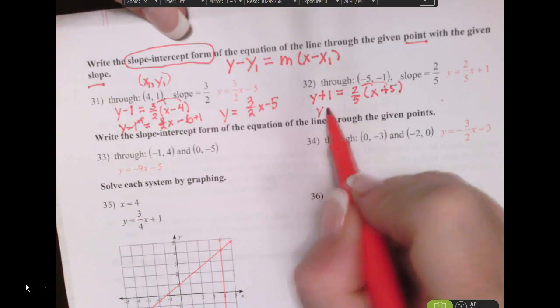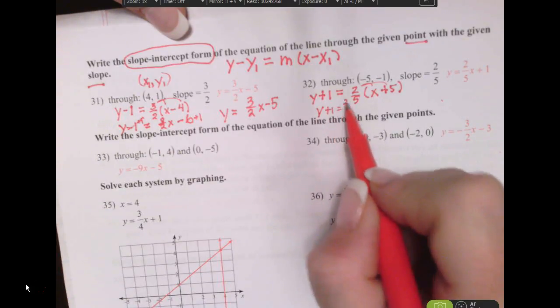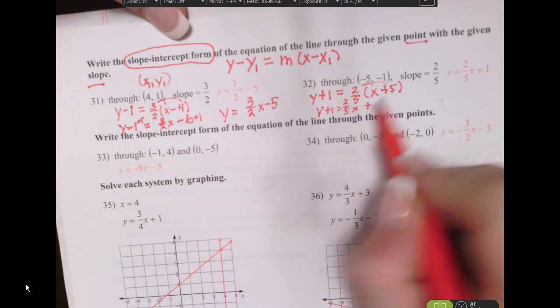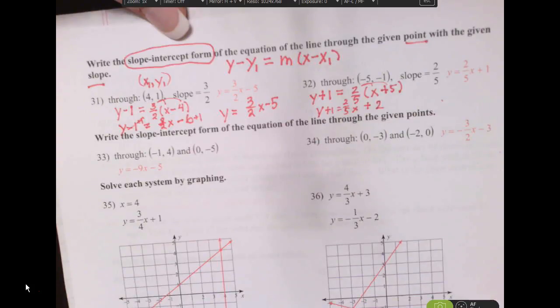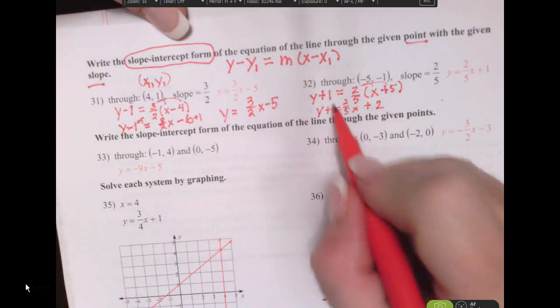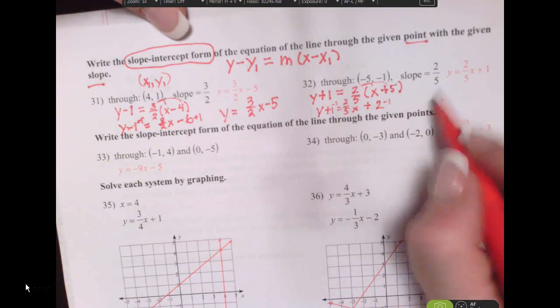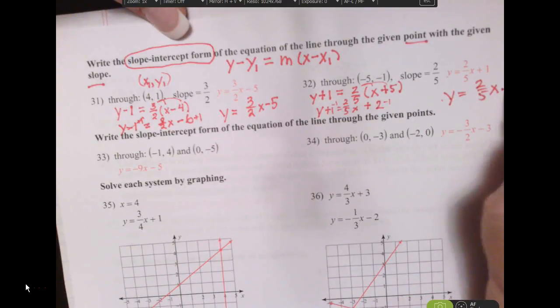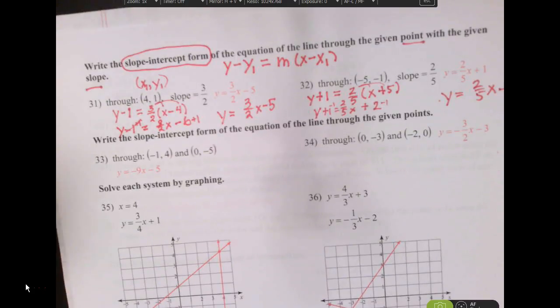So y plus 1 equals 2/5 x. 2/5 times 5 is 2. And then I need to get y by itself, so I'm going to subtract 1 on both sides, and I get y equals 2/5 x, and then 2 minus 1 is just 1.